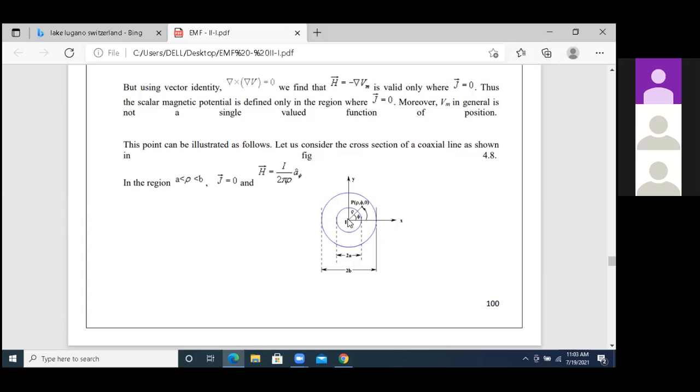So rho is any length here. So we are talking about this region. J equals 0 and we know from before that H equals I over 2 pi rho a phi.